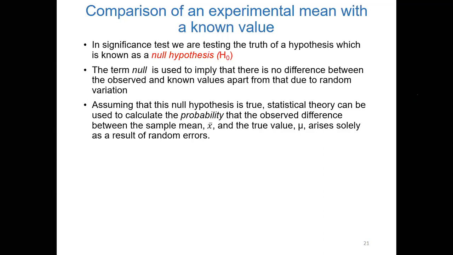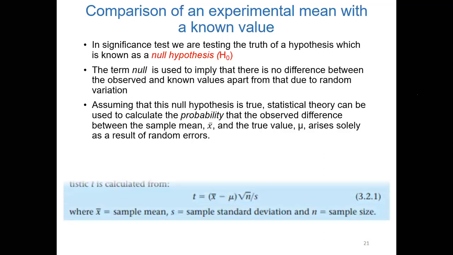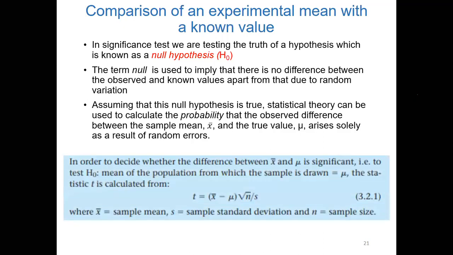First, we create a null hypothesis, and then, based on that, we work out the probability that the observed difference between the sample mean and the true value is just due to random errors. Then we will perform the statistical test to test this null hypothesis. I hope it's clear.